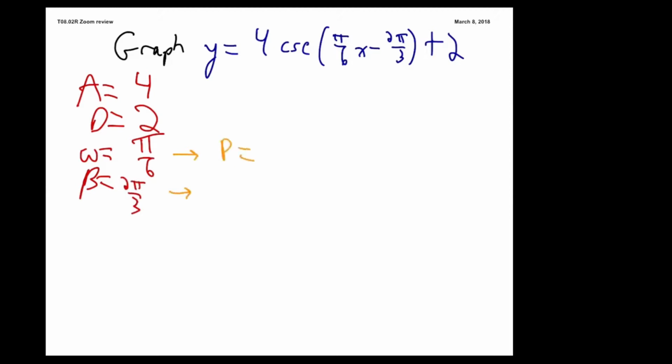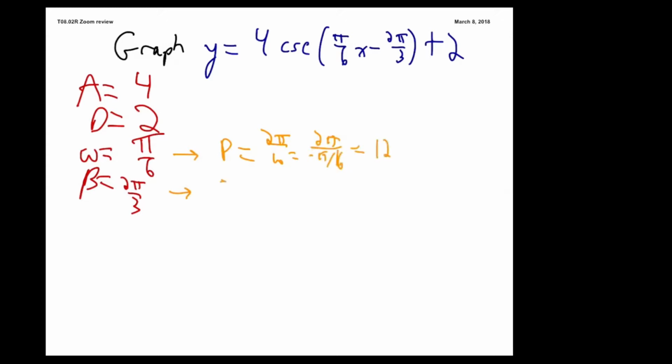So how do we find the period? Divide 2 pi by pi over 6. Good. 2 pi over omega. So 2 pi over pi over 6, which equals 12.